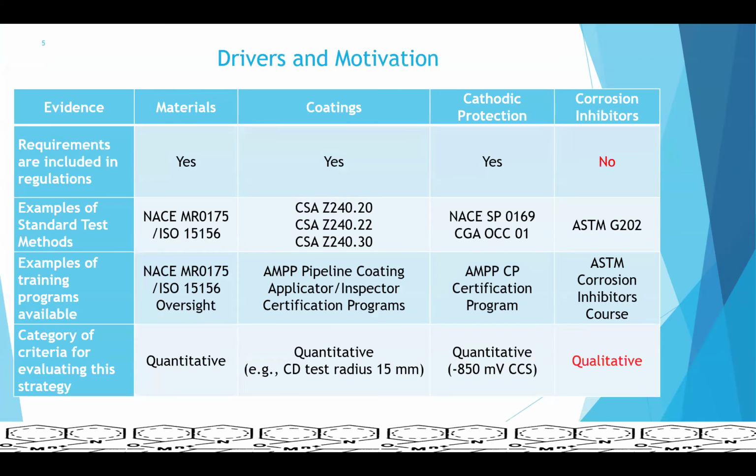Again, what are the drivers and motivation for this webinar series as well as for the joint industry project? If you look at the corrosion control strategies, if you select a good material, we won the war. Many times we use carbon steel. Carbon steel undergoes corrosion.